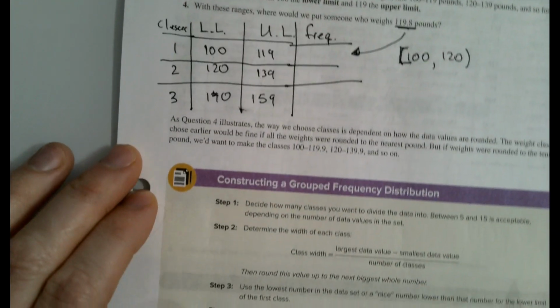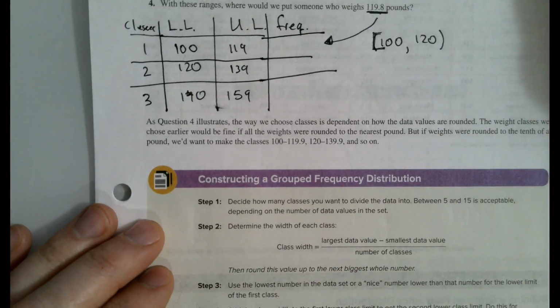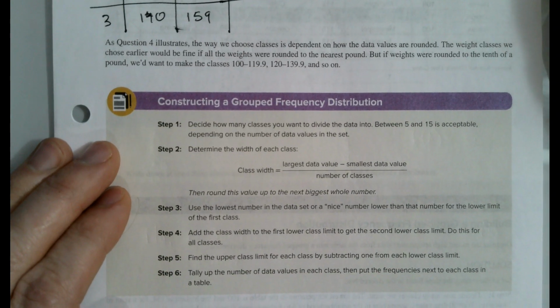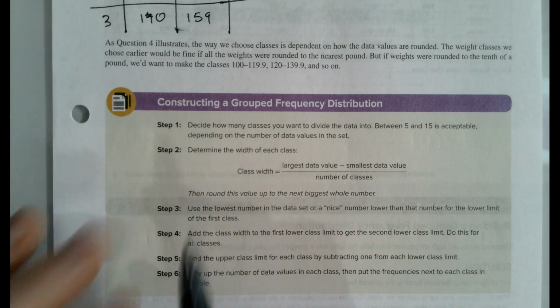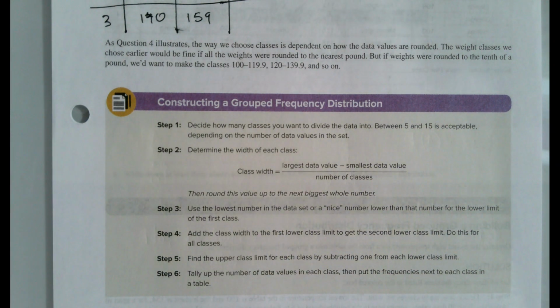Okay, so how do we create a grouped frequency distribution? Well, here are our steps. First, we need to make a decision about how we want to break apart our data set. How many classes do we want? When you first are handed a set of data, it's already broken into, quote, classes. Each individual data value is its own class.